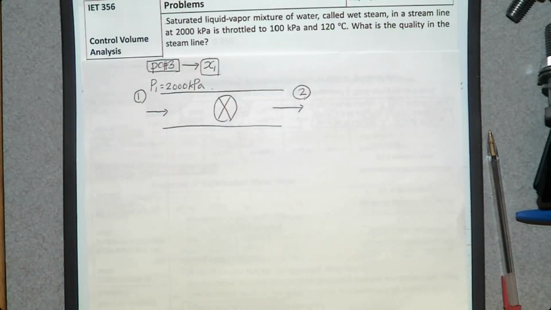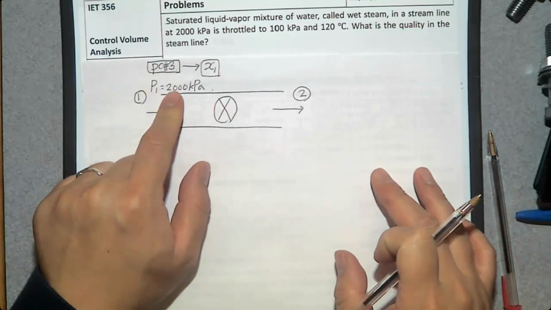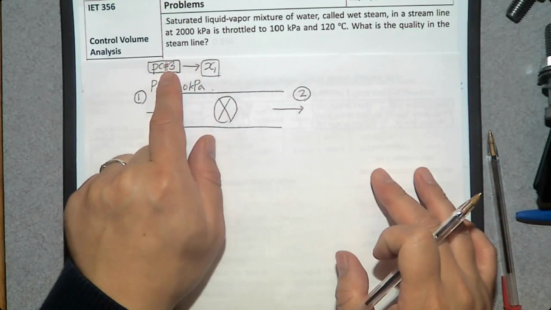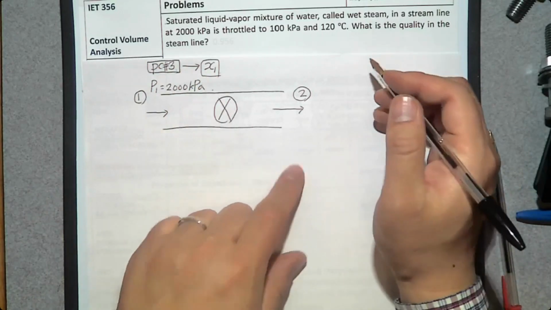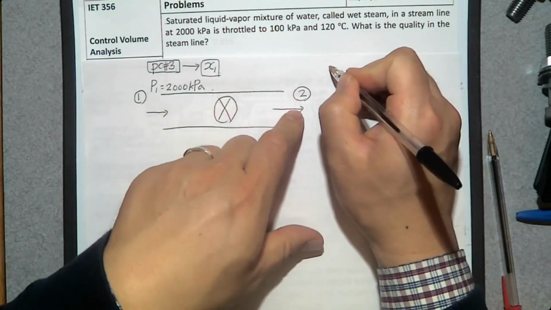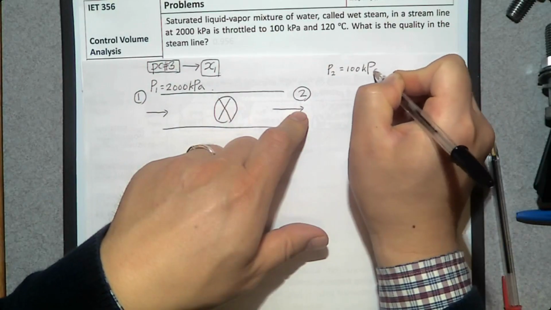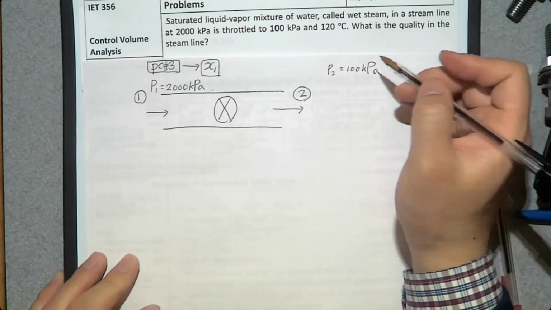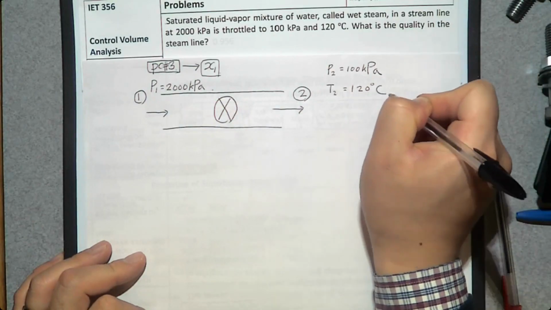So at the inlet, we don't have enough information to understand the system, because we only know pressure and we know it is a saturated mixture, but we do not know the quality X. What about at the exit? We know pressure P2 is 100 kilopascal, and we know temperature T2 is 120 degrees Celsius.